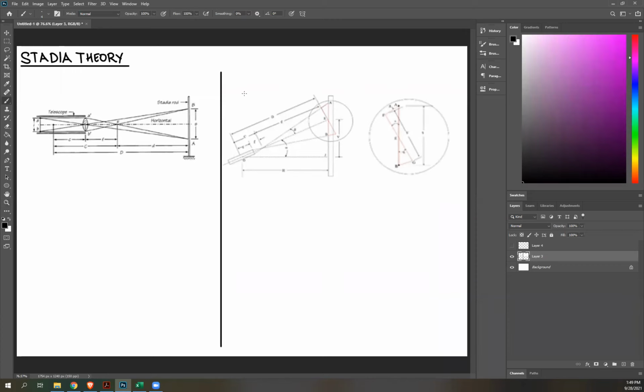So let's take this, and from the focus I'll draw this. We have this right triangle, right? Or even just this. And then I'll draw another one here.